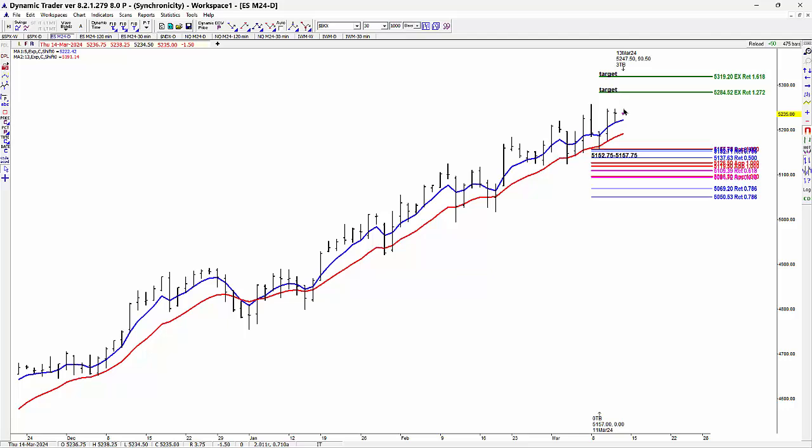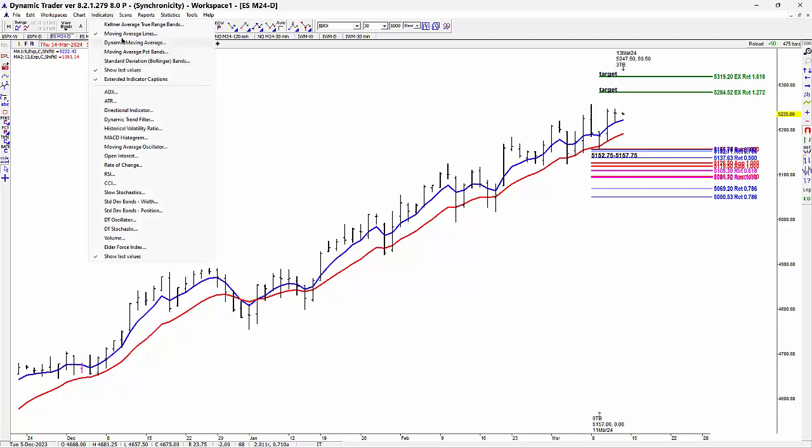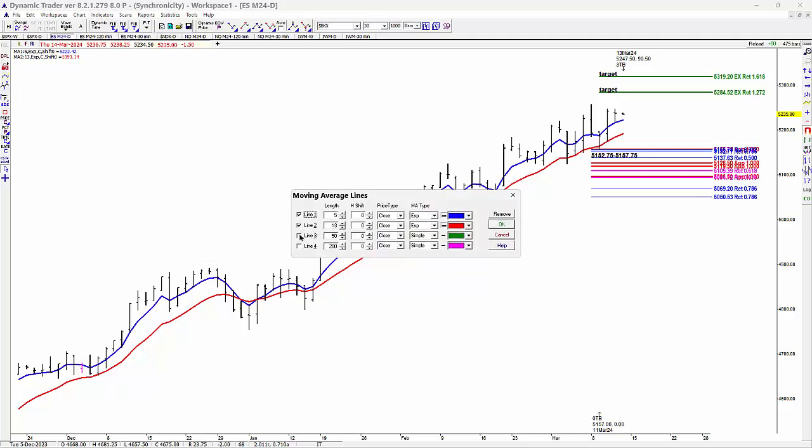First of all, this is already crossed over to the upside. I want to go to the lower time frame chart. The setup is on the higher time frame. The trigger is on the lower time frame chart. And actually, I'll go ahead and put those other moving averages back on this particular chart.